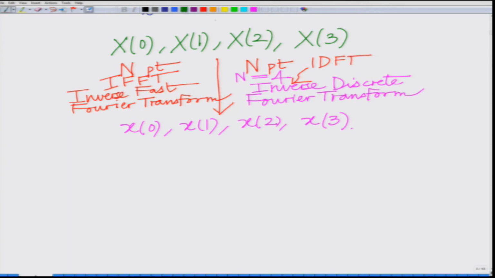Therefore, small x of k is the sample corresponding to the inverse fast Fourier transform.